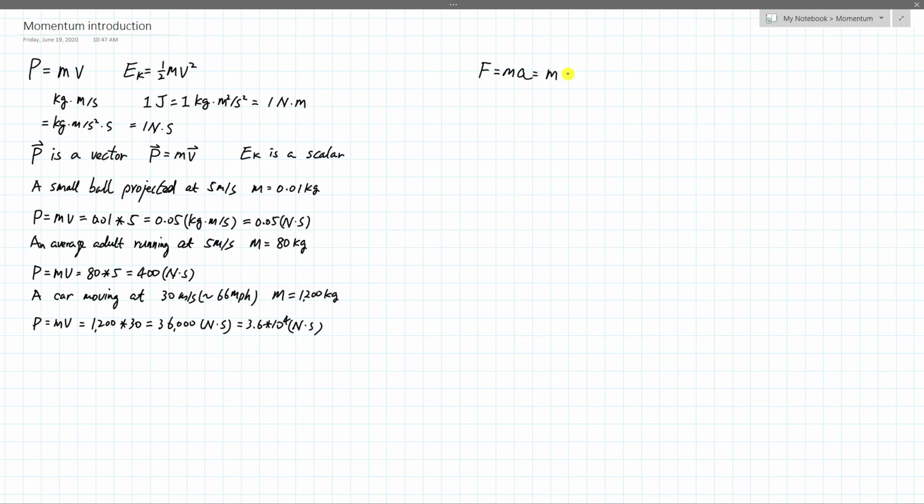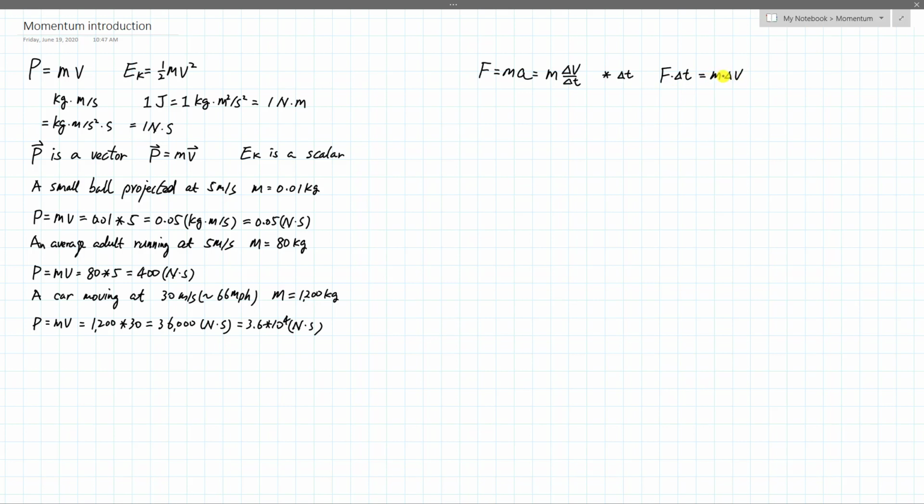Either with or without calculus, we know that the average acceleration is the change of velocity over the change in time. With calculus, you can write this as dv over dt, but it really doesn't matter in our case. Then if we multiply this whole equation by delta t on both sides, we have F delta t equals m delta v.